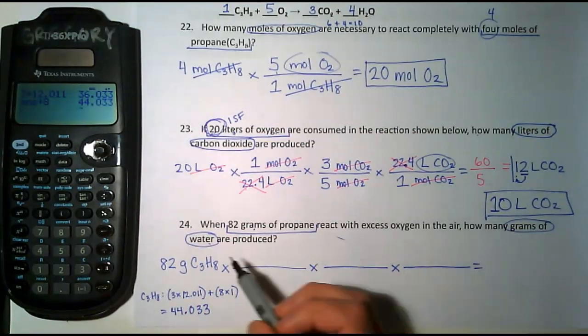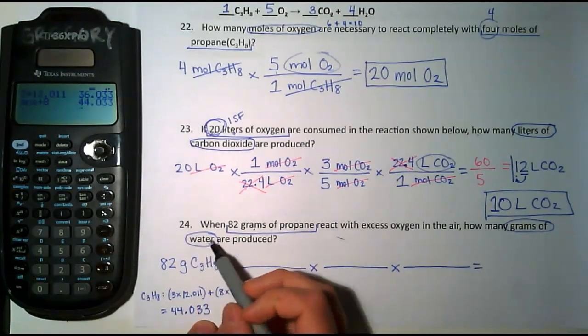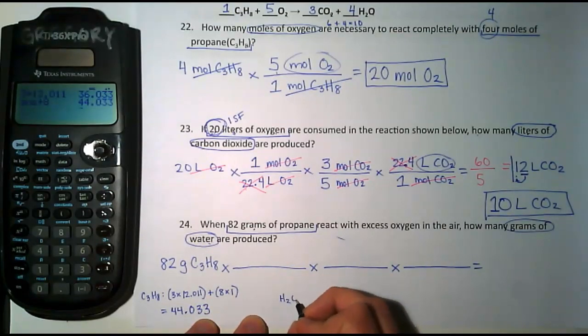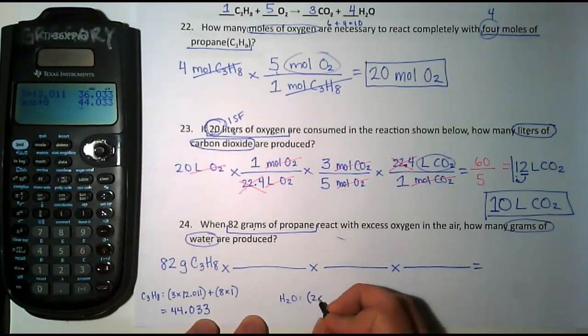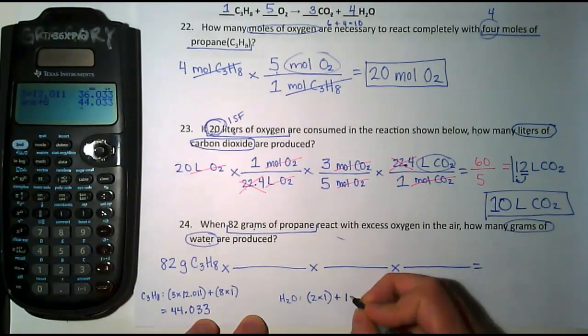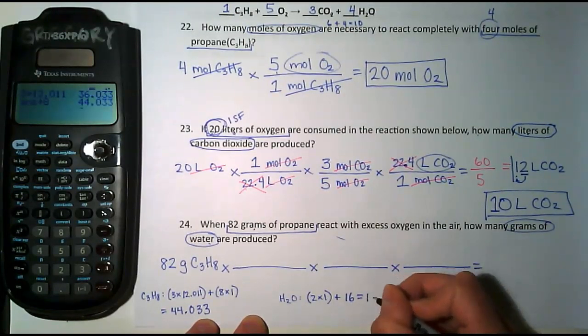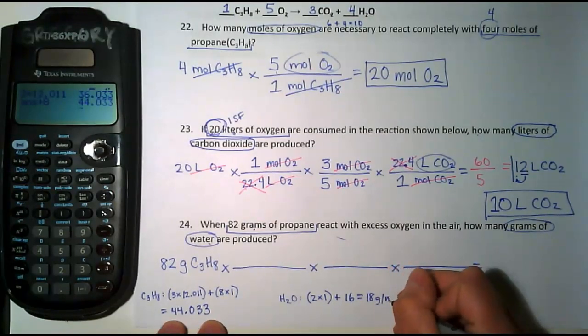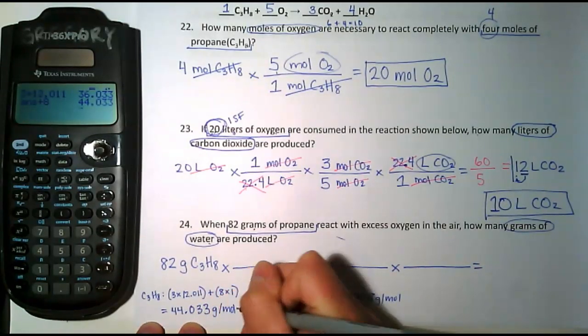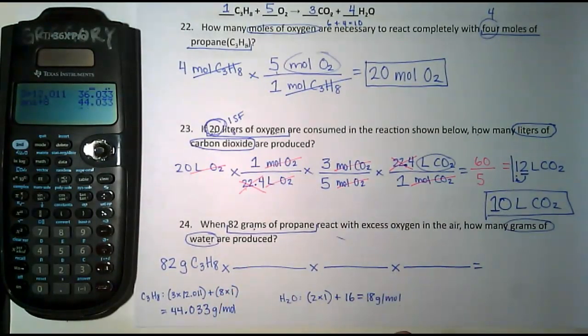And then we're also going to need the mass of water. So H2O, we're going to have 2 times 1 mass of hydrogen plus the mass of oxygen, which is approximately 16, which gives us 18 grams per mole. 44.033 grams per mole.